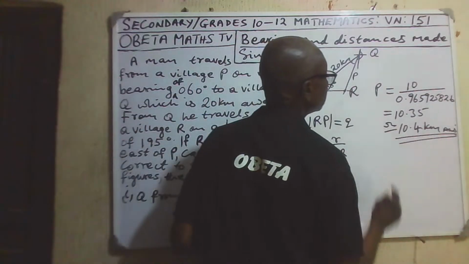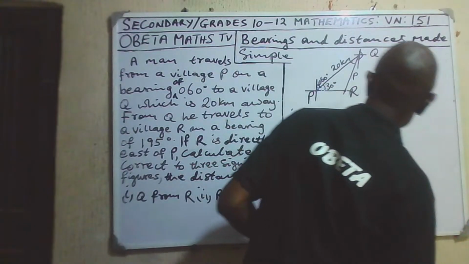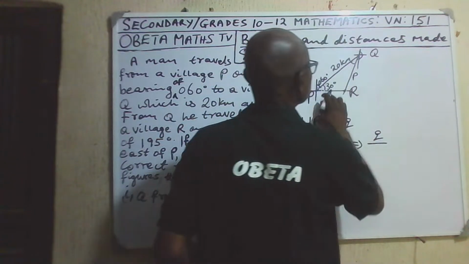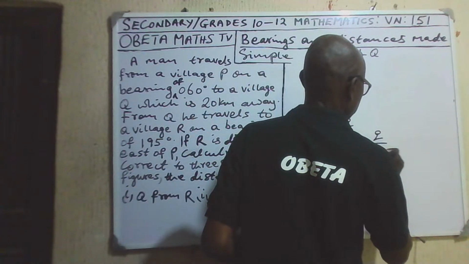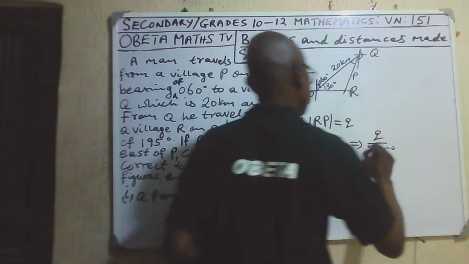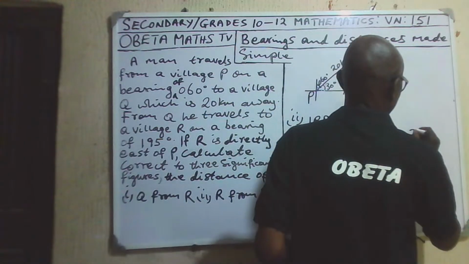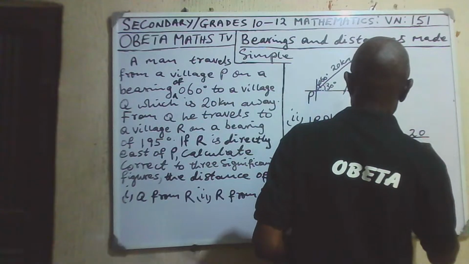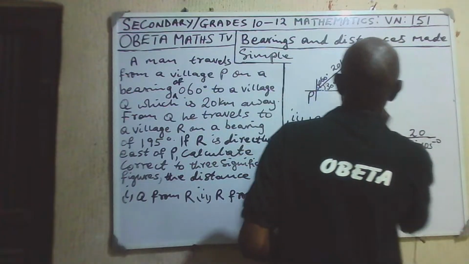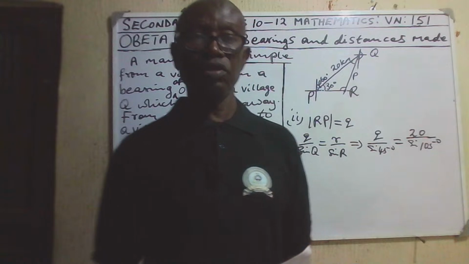And that will lead us to q over sine 45, because angle Q is 45 degrees, equal to 20 all over sine 105. That is the whole of this angle now. So the next thing is for us to cross multiply.